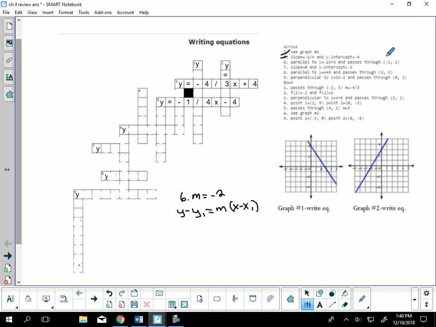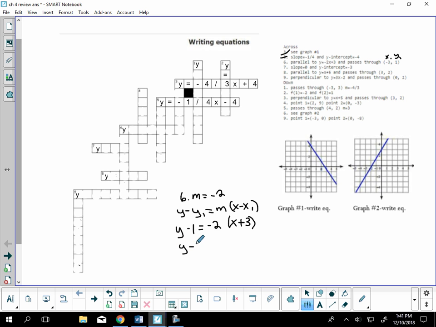And here's my x sub 1, my y sub 1. I'm going to plug everything in. So y minus 1 equals -2 times x minus -3. Minus -3 really means plus 3. So then I'm going to go ahead and simplify.